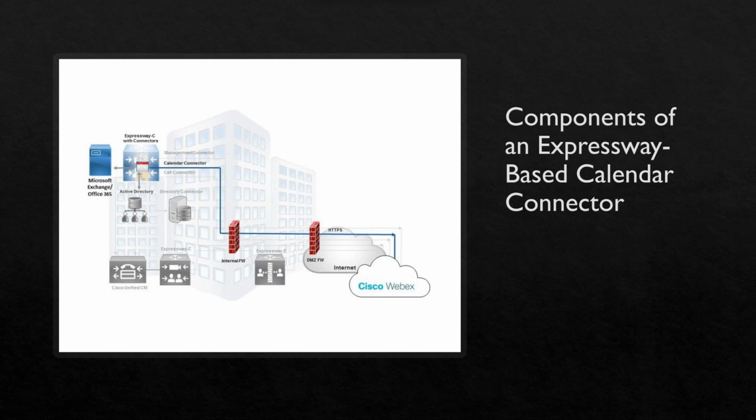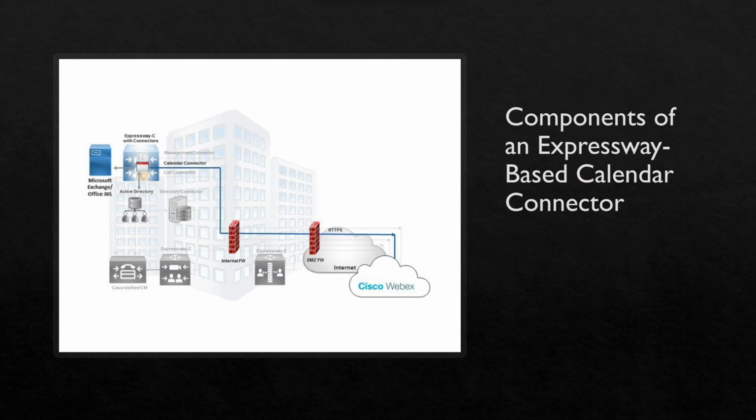The calendar connector is the on-premises component of the hybrid calendar service. The connector runs on Expressway-C host that you register to the Webex Cloud. The calendar connector acts like a broker between the cloud and your Microsoft Exchange or Office 365 when you're doing a hybrid Exchange deployment using Microsoft Exchange and Office 365.